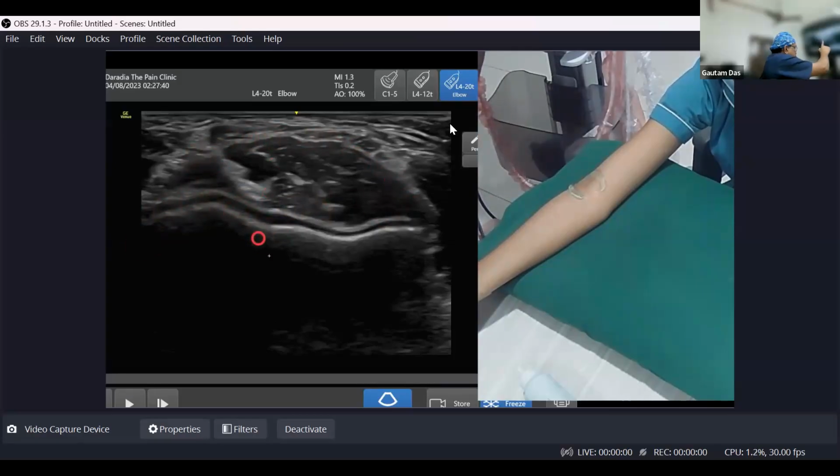So this is your capitulum. The lateral side is your capitulum, and this is your trochlea. Trochlea is a little bit depressed, what I was telling you. Whenever you see these two hyperechoic lines with a black line in between, you understand this is my home page. And the whole thing is your brachialis muscle.